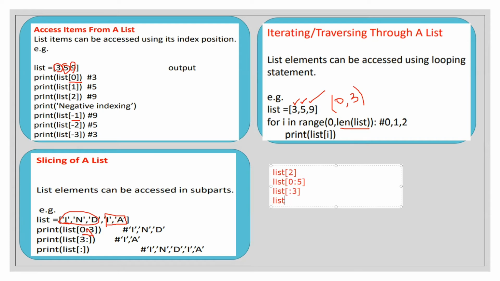And if I don't want to specify the last index and I want to print it till the end from the third position, then we are going to do like this. Now it's going to print from the third element till the end. And if you don't mention anything, then it's going to print the whole string from the starting to the end. So these are some particular examples of how you can retrieve elements or how you can slice the elements in the string.